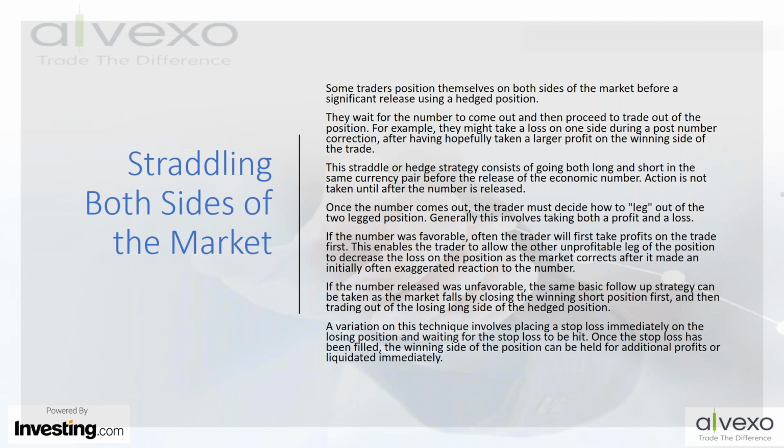And an OCO order is one cancels the other. So you can take a buy order and a sell order, and whichever one gets executed first, the other one's canceled out of the system.